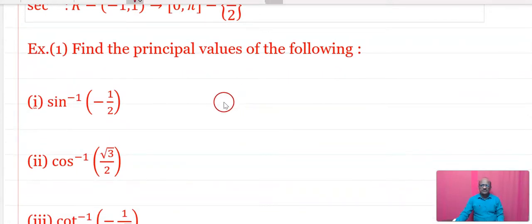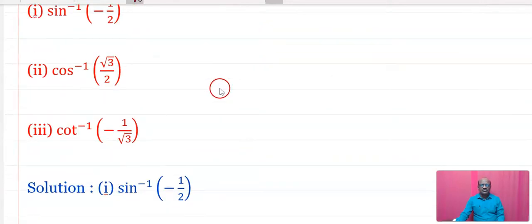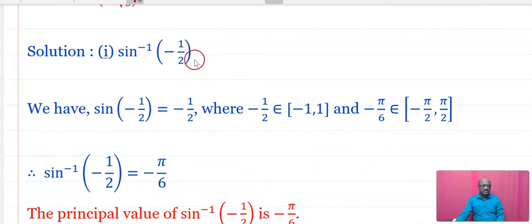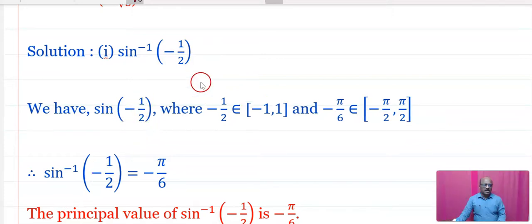Now the examples. Find the principal values of the following. First example, sine inverse of minus 1 by 2.